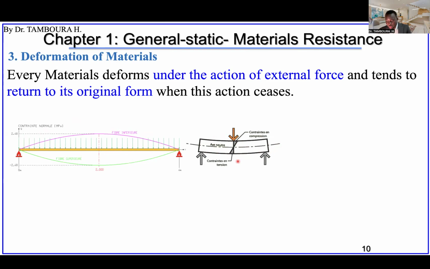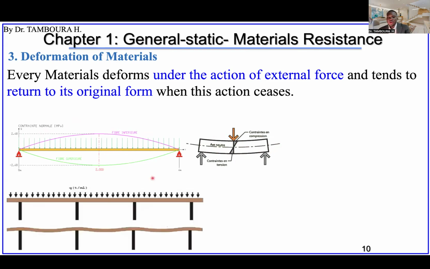Another example here, let's consider this is a bridge and bridge piers, or let's say this is a slab or another beam. When a row of cars moves on a bridge, for example, the bridge may deform like this.